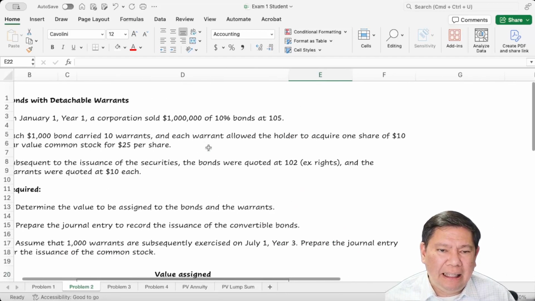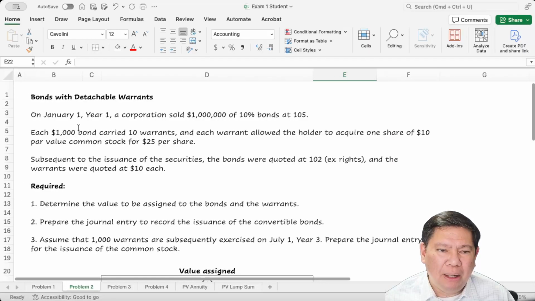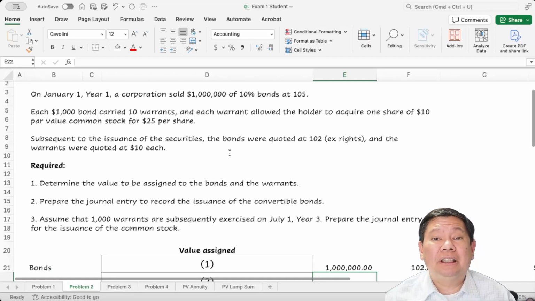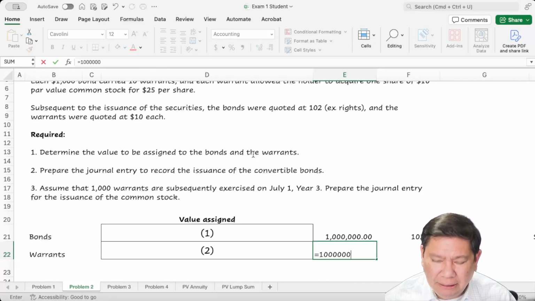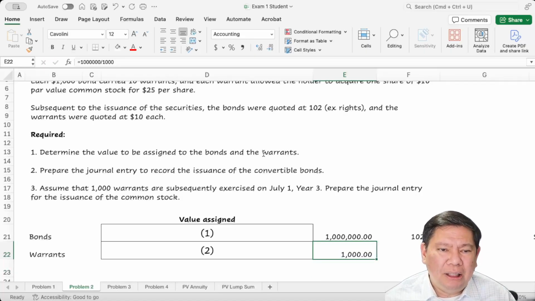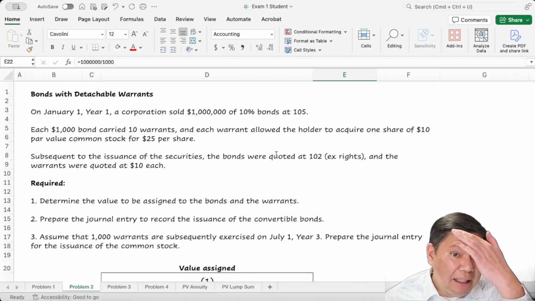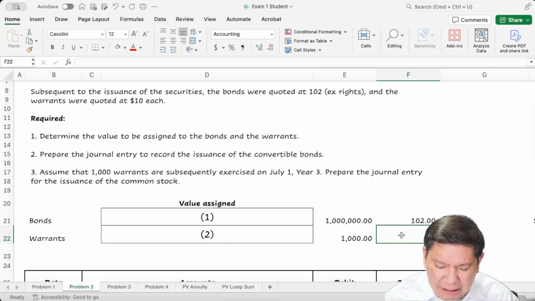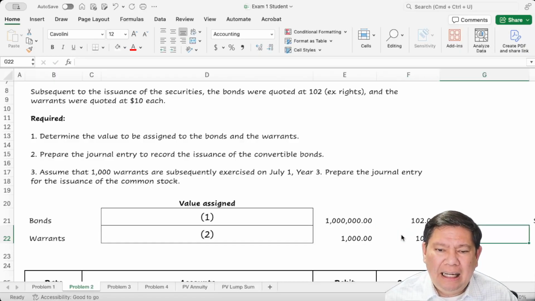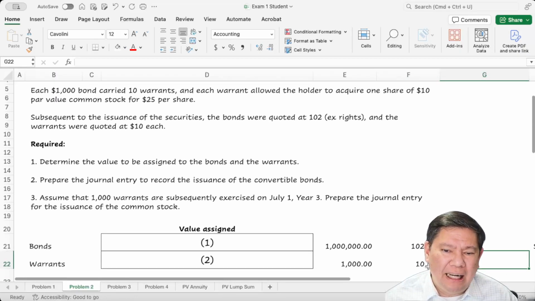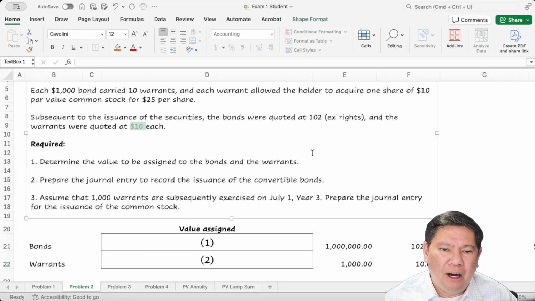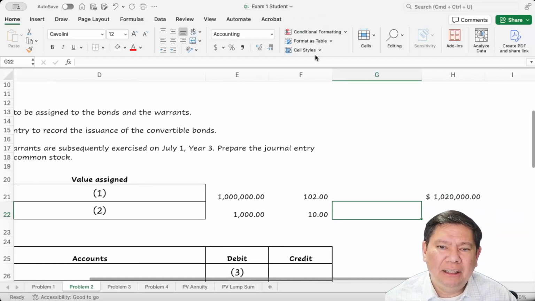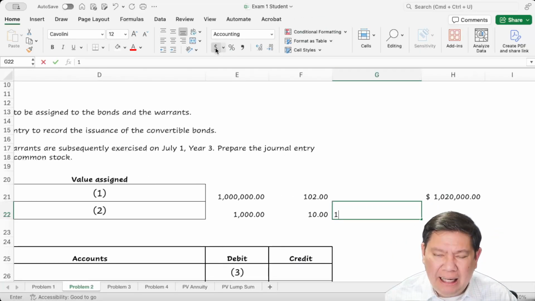The warrants: 1 million divided by 1,000. So there are $1,000 bonds. $1 million divided by 1,000 equals 1,000 bonds. Each carries 10 warrants, so that's 10,000 warrants, and each warrant has a quote of $10 each.